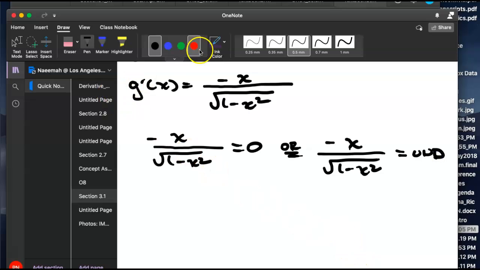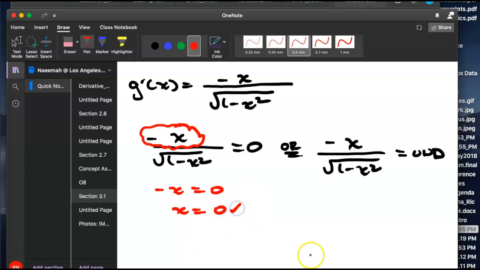The other ones didn't have that, so that's why I'm taking a look. This case is 0 only when the numerator is 0. So negative x equals 0, and x equals 0.